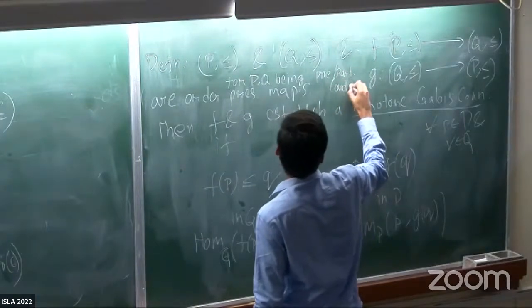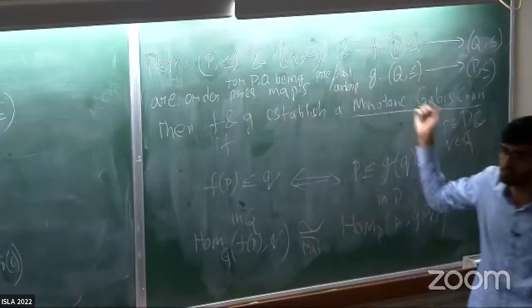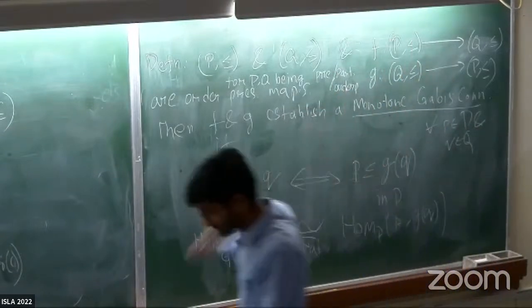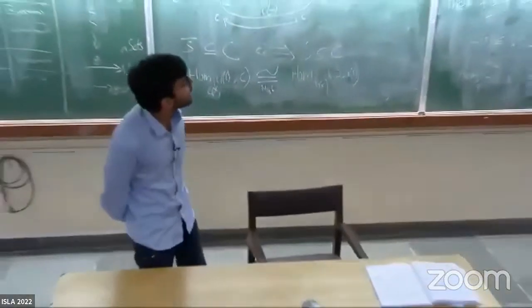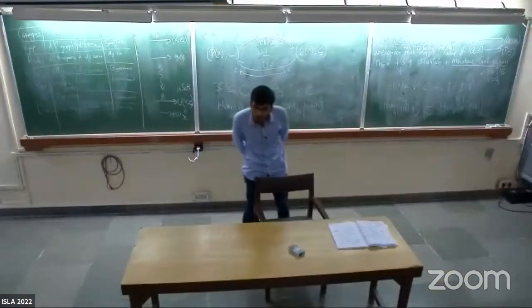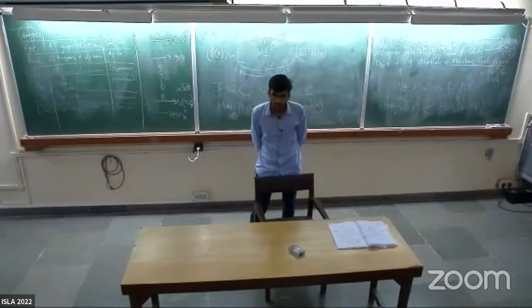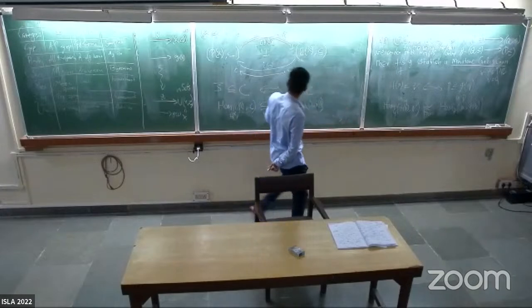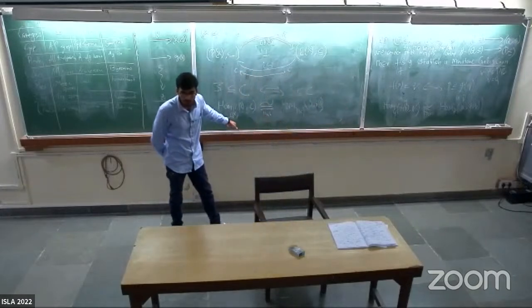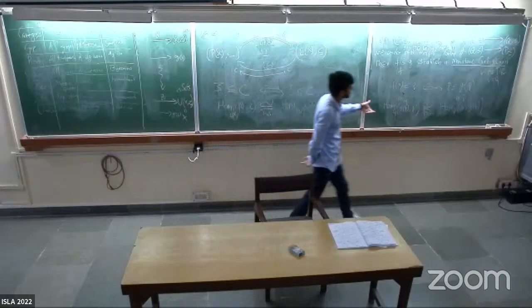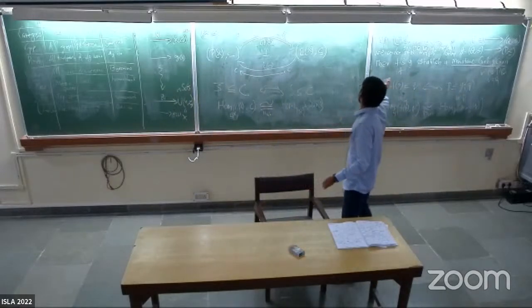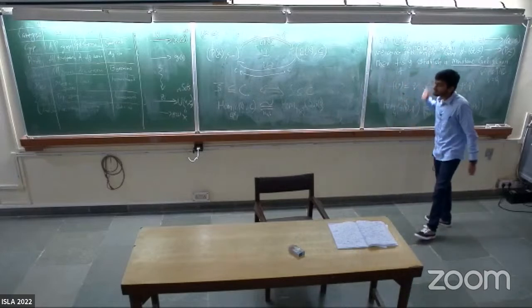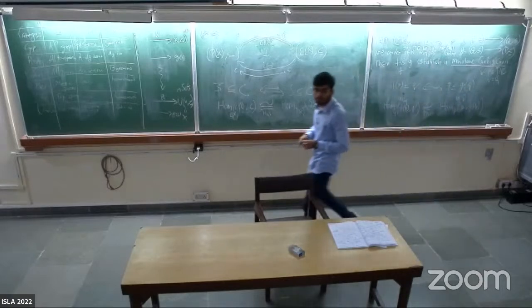If it holds for preorders, then of course it holds for partial orders. This is just a definition which generalizes this. There's another example of a monotone Galois connection coming from group theory. The antitone Galois connection is where the fundamental theorem of Galois theory is.